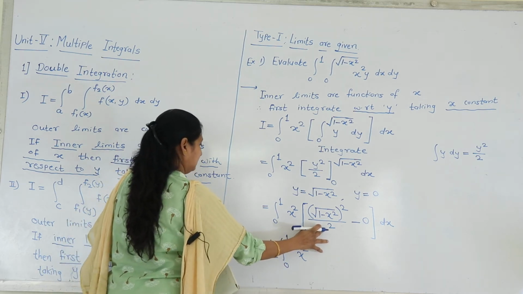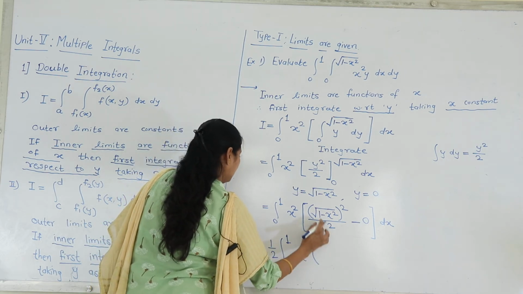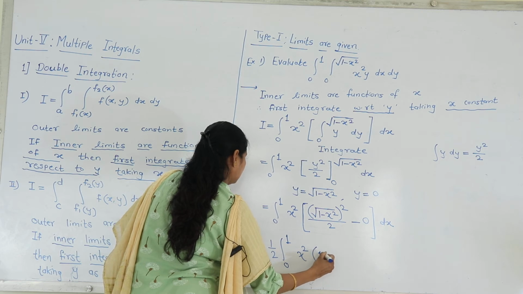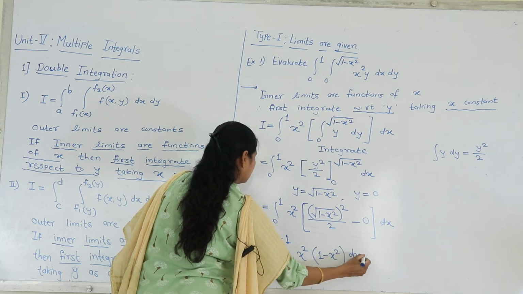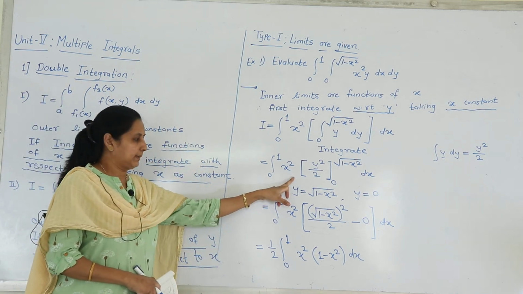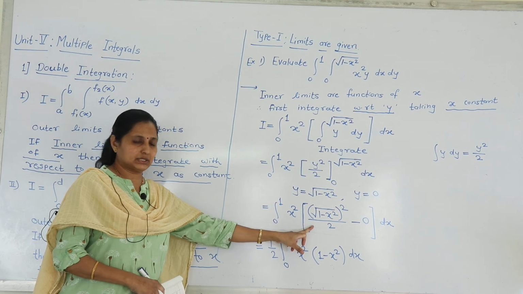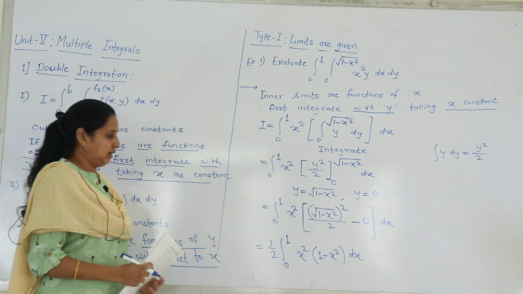X square into 1 minus x square and dx. Now first we integrated with respect to y, then we put limits, then the remaining terms are now only in x.